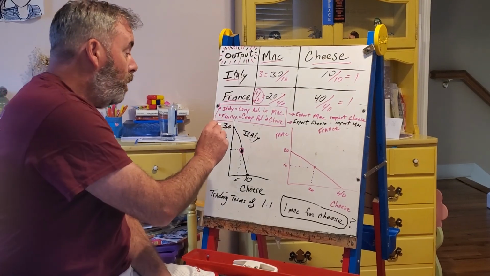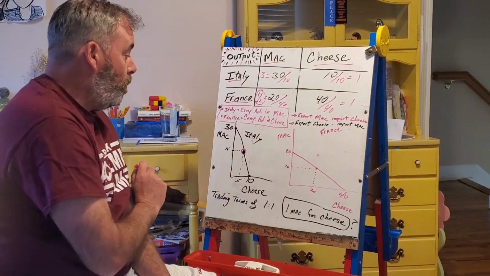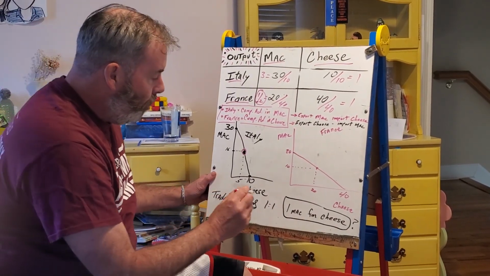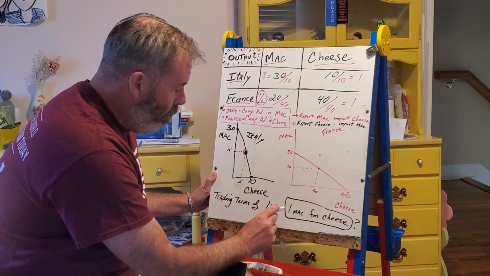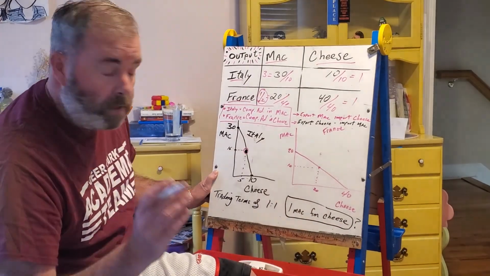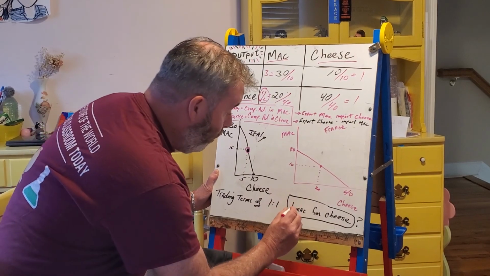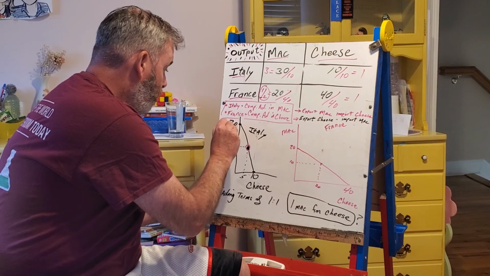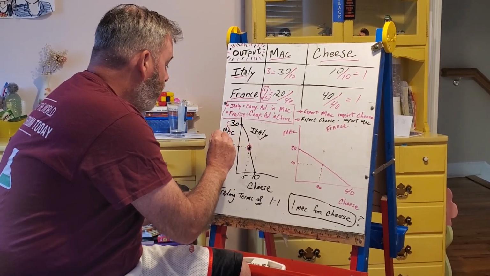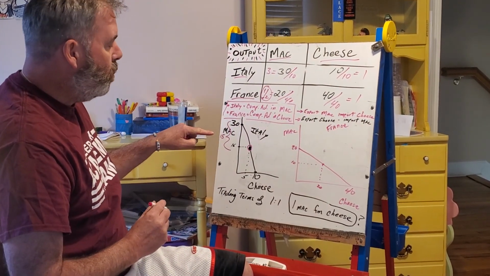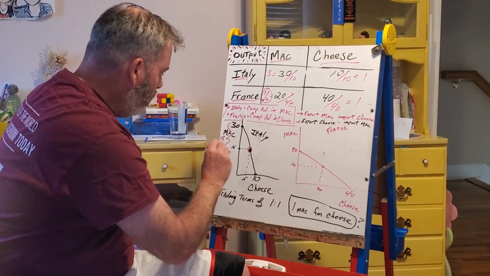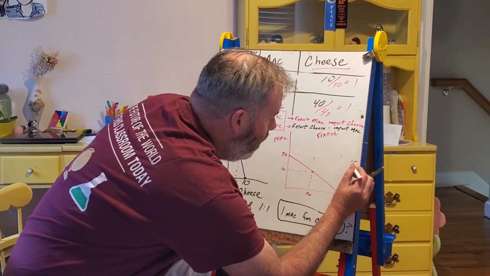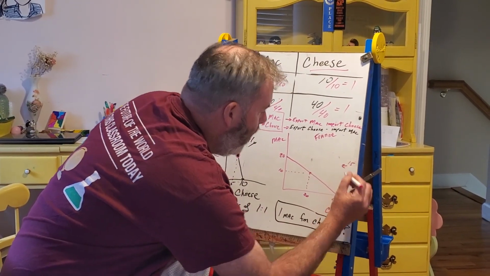Now, let's say Italy did indeed produce 30 units of mac. Would it be beneficial for Italy to trade 1 mac for 1 cheese? Let's make the numbers easy. How about 15 macaroni for 15 cheese? If Italy produced 30 macaroni, they took 15 of them and sold those 15 units to France.